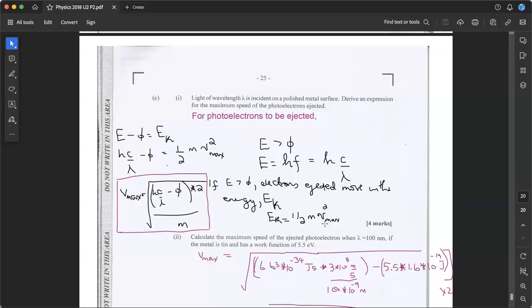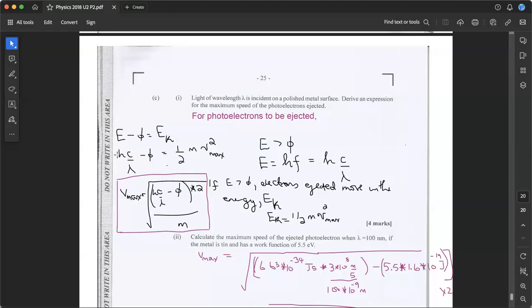We can represent that mathematically by this formula: if our energy is greater than the work function, then we have some leftover, and that leftover energy converts to kinetic energy, which is translated to the speed with which those photoelectrons will be ejected.